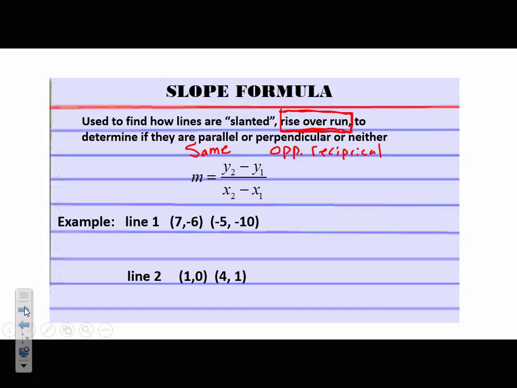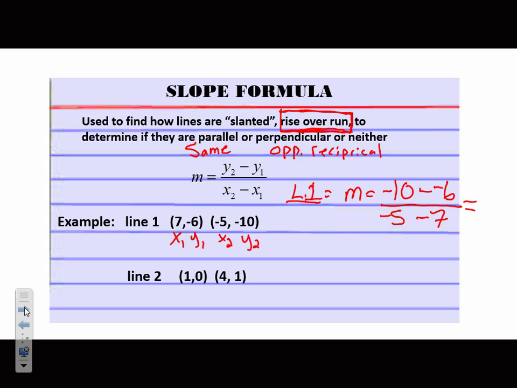So here we go. We'll start with line 1. So my slope equals, here, x1, y1, x2, y2. So my y2 is negative 10 minus my y1, which is negative 6, all over my x2, which is negative 5, minus 7.